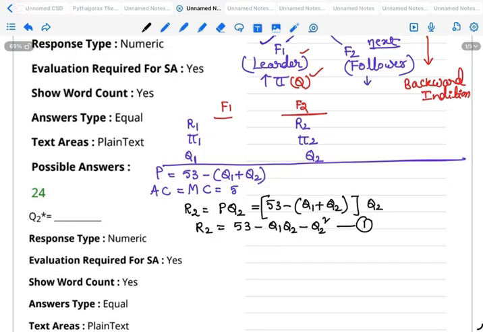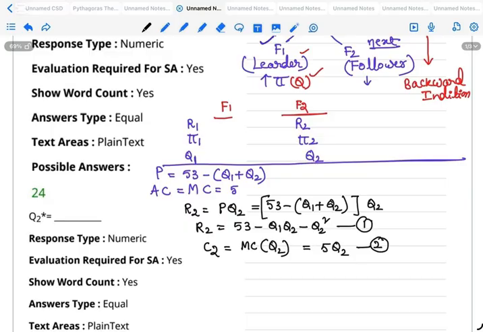In the same way, the cost of firm 2 is C2. C2 is the marginal cost in terms of Q2, that is, MC times Q2, which equals 5 Q2. This is equation number 2.